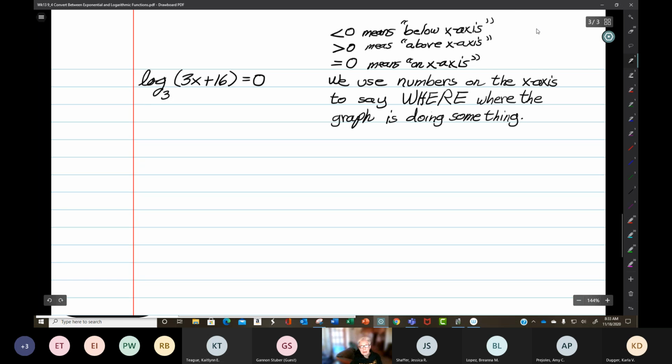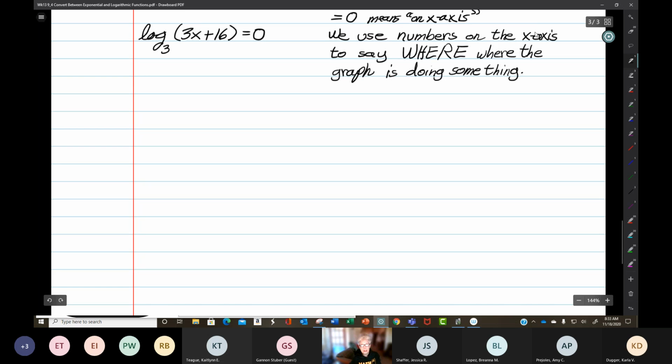So that's why we care about the x-axis so much.